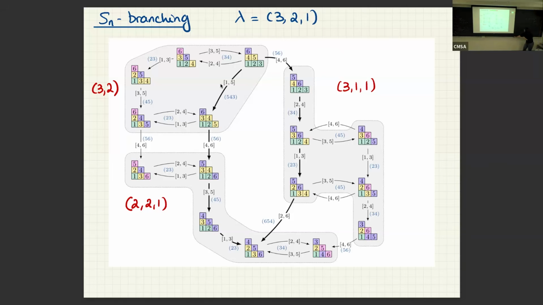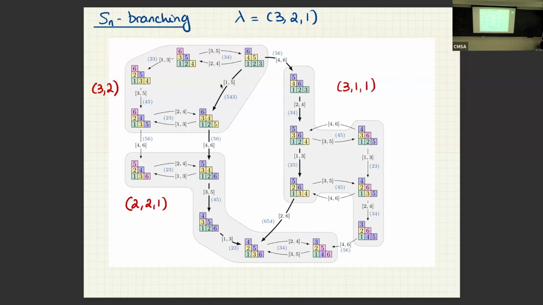So my graph indexed by lambda would be the union of the graphs G_mu, where mu is lambda with a corner taken off, and here I take off the edges labeled by n. I just keep the edges labeled by 1 up to n minus 1. What I get is the union of all the graphs indexed by mu, where mu can be obtained from lambda by taking off a corner.